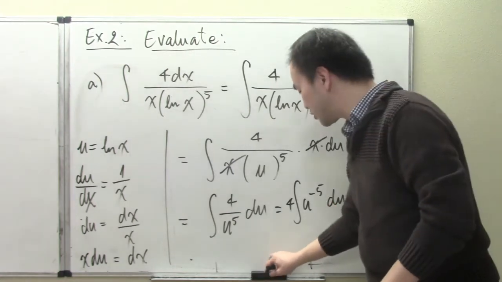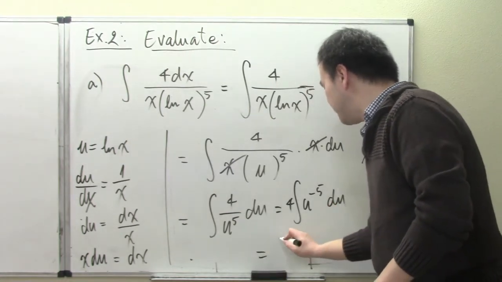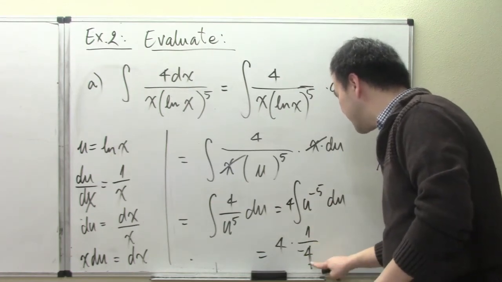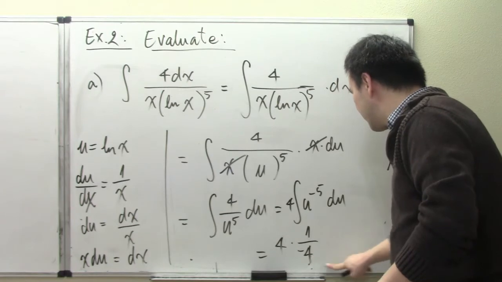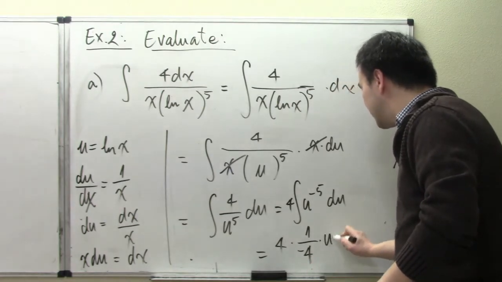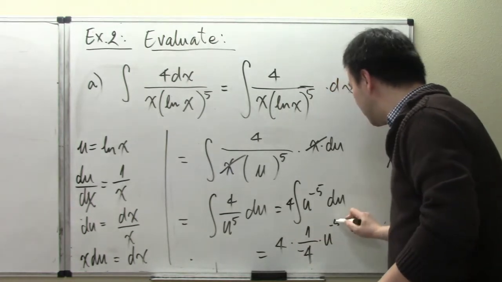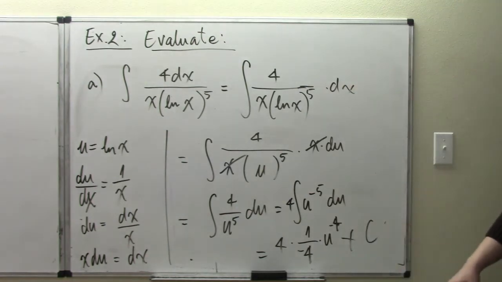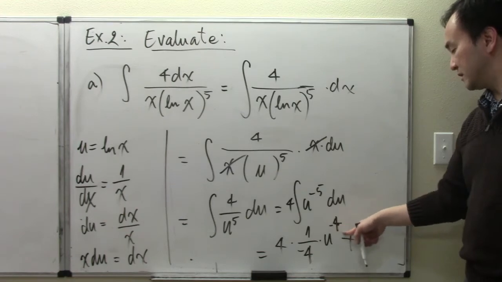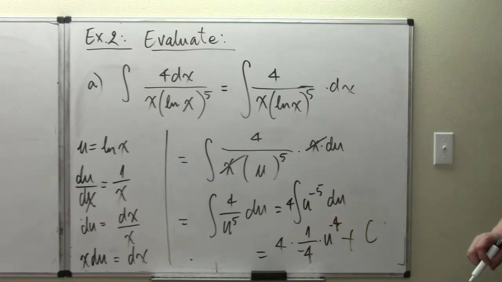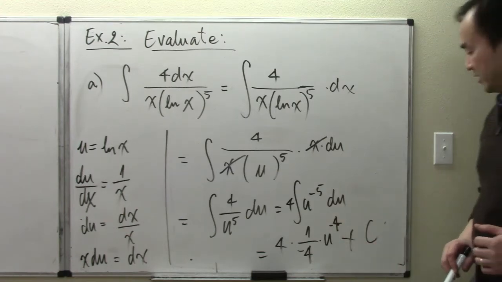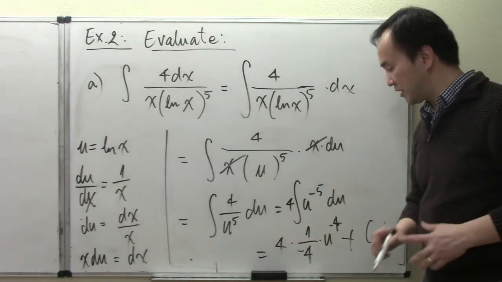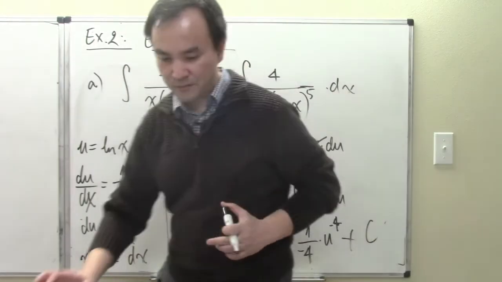It's an integral that's so trivial to see the answer. So 4 times 1 over negative 4, because that's coming out from the power rule, u to the negative 4 power, even though I almost wrote negative 5, plus c. And then again, we can't leave the final answer in terms of u right there. We can also cancel out those 4s.